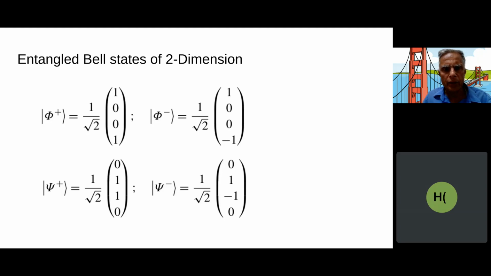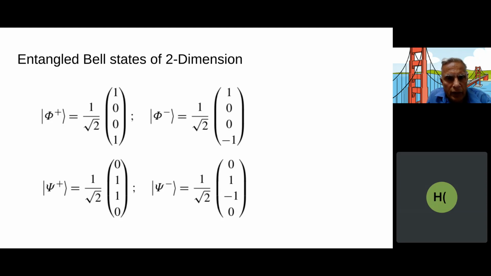The four maximally entangled Bell states are 1 by root 2 (|00> + |11>) and 1 by root 2 (|00> - |11>). These are called phi plus and phi minus. In the same way, there are psi plus and psi minus.